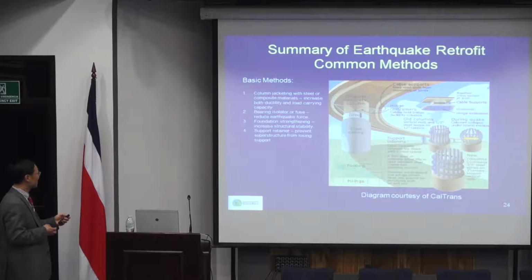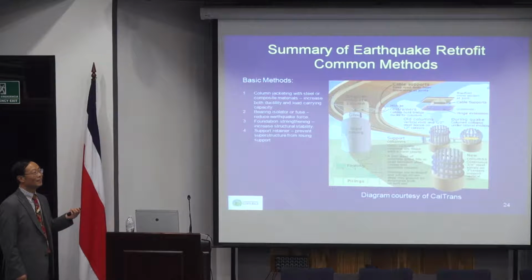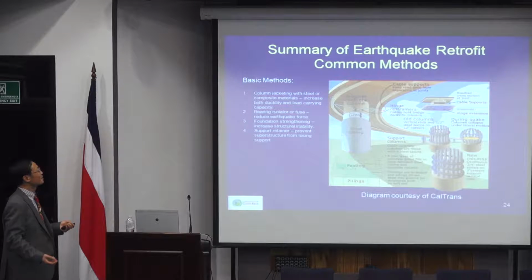Actually, these are promotional materials produced by the California Transportation Department after a big earthquake, more than 20 years ago. At that time, they produced material to let the public know that the transportation department is doing something.